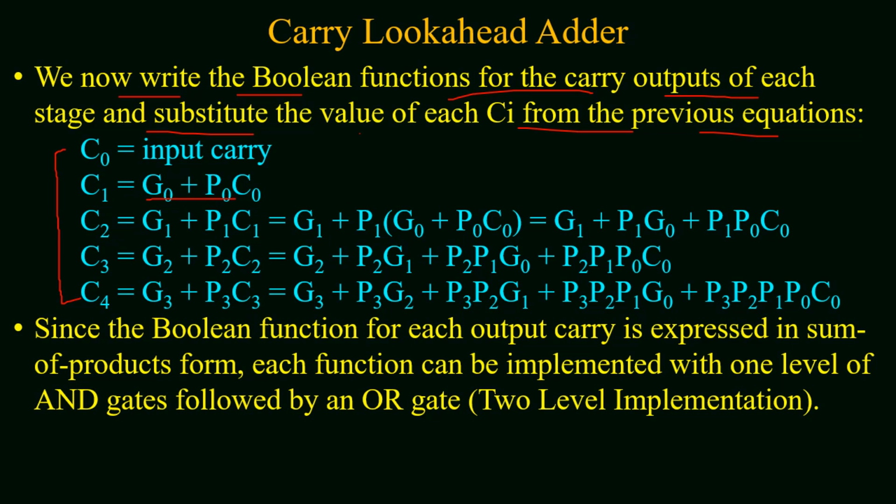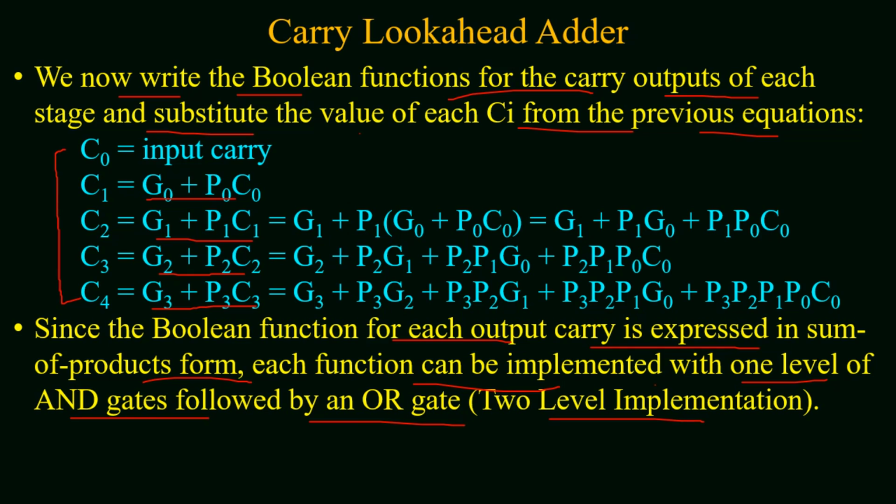Similarly, the equations for C2 and C3 will be found. Now if you observe the equations from C1 to C4, the Boolean functions for each carry are expressed in sum of product form, and each function can be implemented with one level of AND gates followed by an OR gate, which results in a two-level implementation.